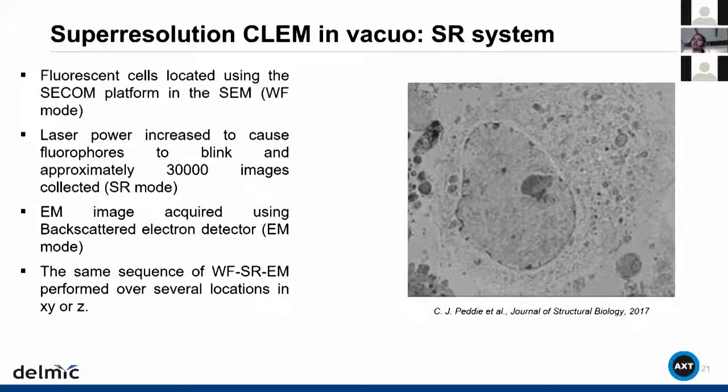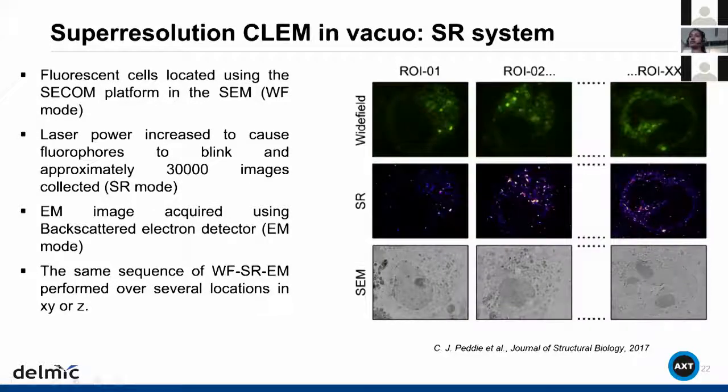And the same sequence, so wide field, super resolution, EM, is performed over several locations in XY or in Z, leading to a stack of images like this. So this is the wide field image in the first region of interest, then move over to another region of interest in a wide field image. And these are the super resolution images corresponding to those.